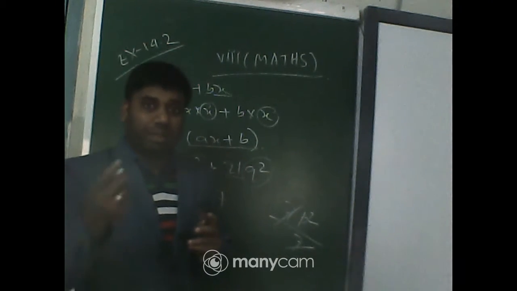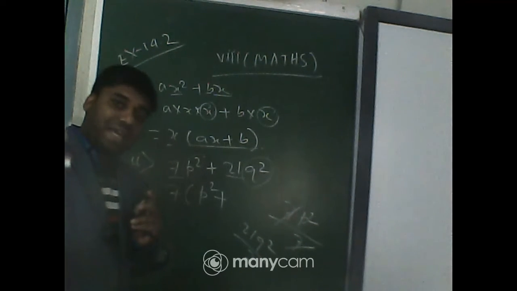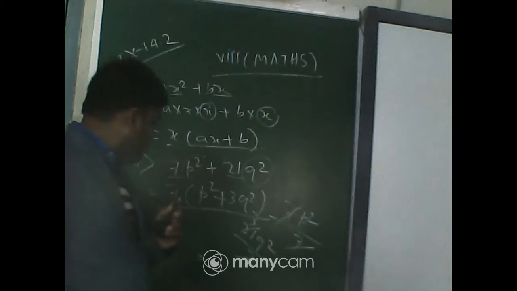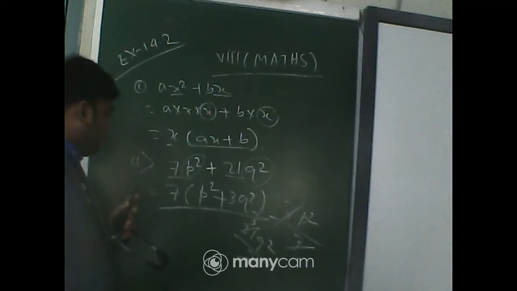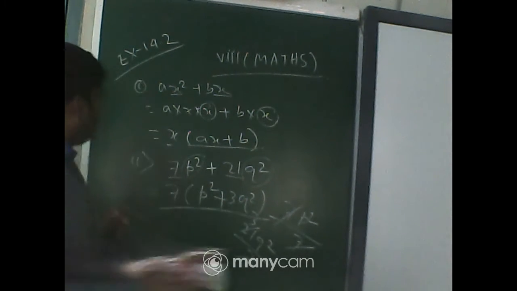Easy calculation: 21q square divided by 7 is 3q square. So it is the factorized form: 7 into p square plus 3q square. So the first two sums I have solved here.